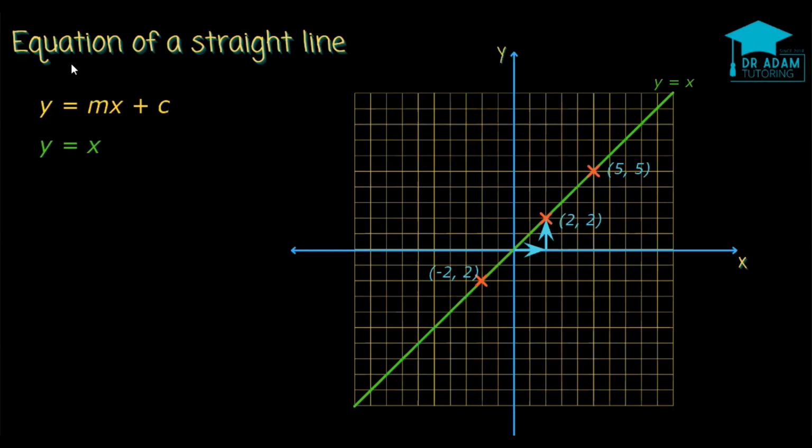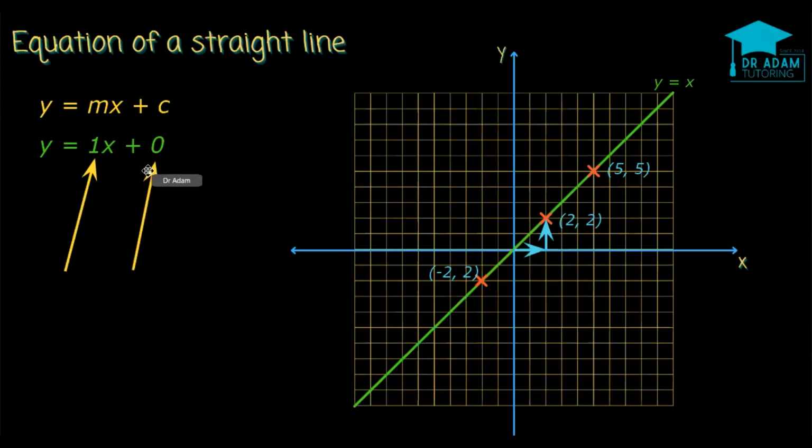If I was to write this more explicitly with a coefficient of 1 behind x and add a constant value of 0, we can then easily see that our m value is 1 and our c value is 0.